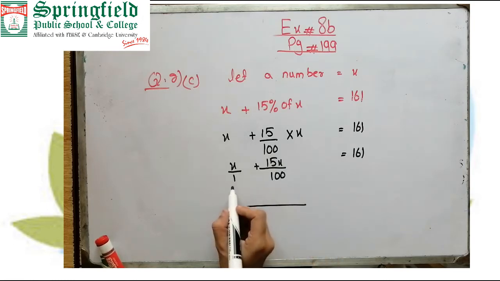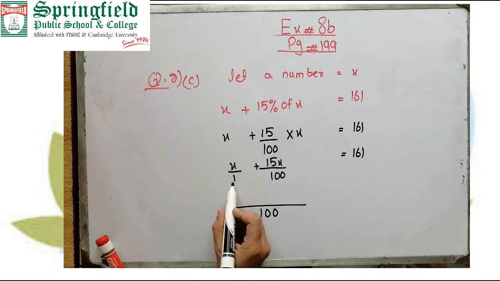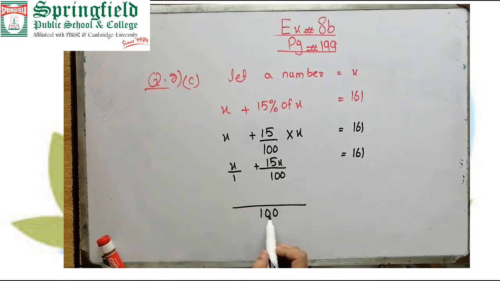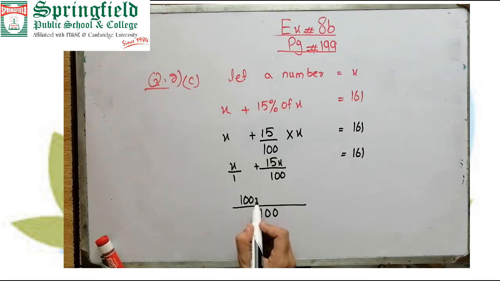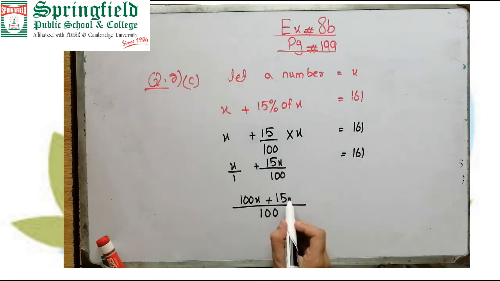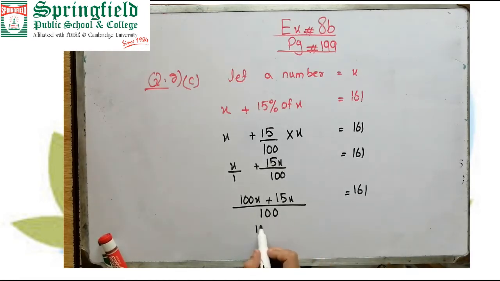So the LCM of 1 and 100 is 100. First the denominator will divide into the LCM: 100 divided by 1, 100 multiplied with x, 100x. Then 100 divided by 100 is 1, multiply 15, 15x, is equal to 161. 100 plus 15, 115x divided by 100 is equal to 161.